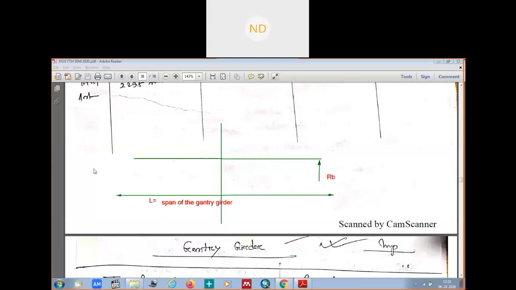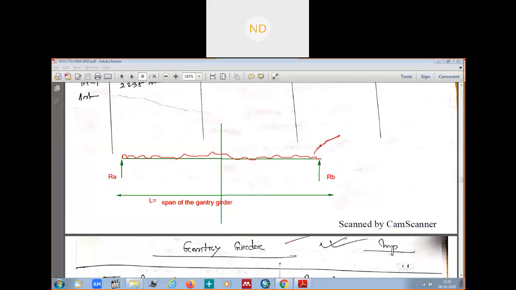Then we will have a UDL here. This is the UDL of the gantry girder plus the rail section, like the previous one for the shear force, how you have calculated on the gantry girder.